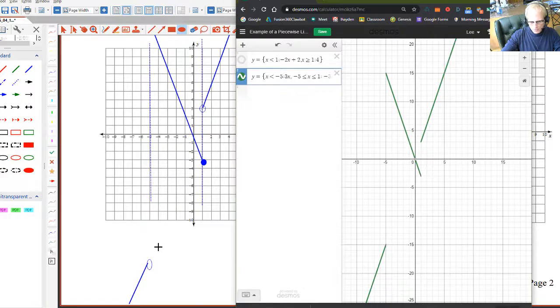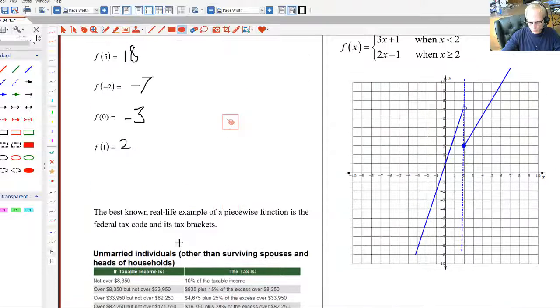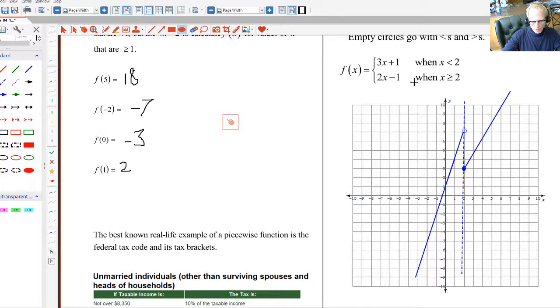Okay, and now let me just do maybe one more for good measure. I'll do the first one that was on the front page of the notes.